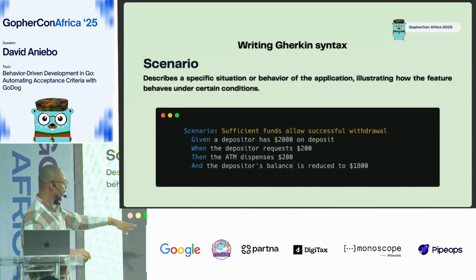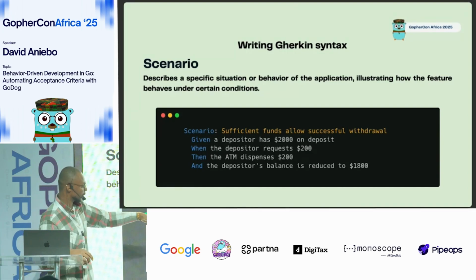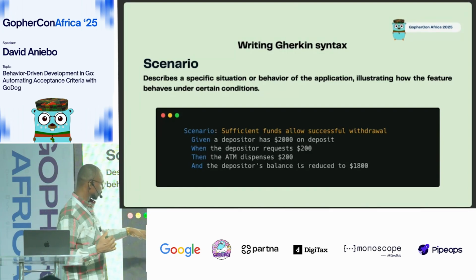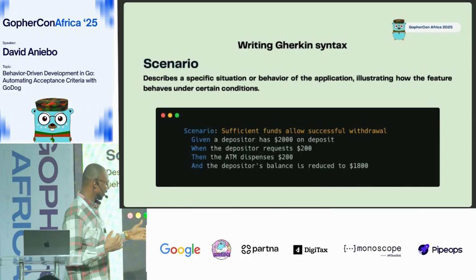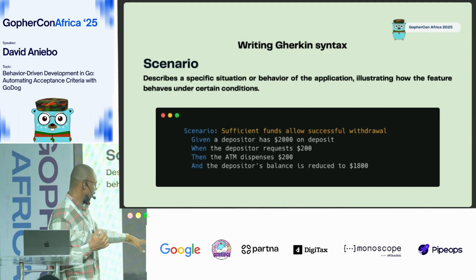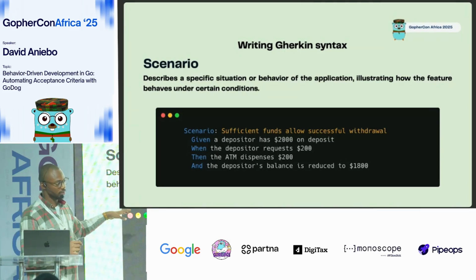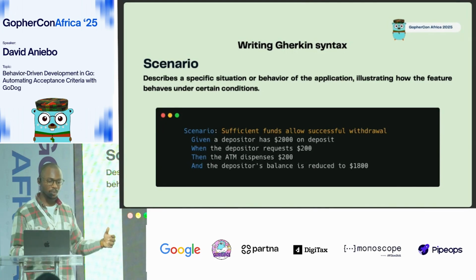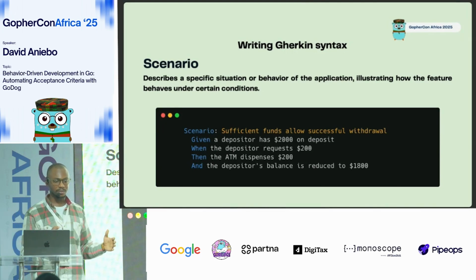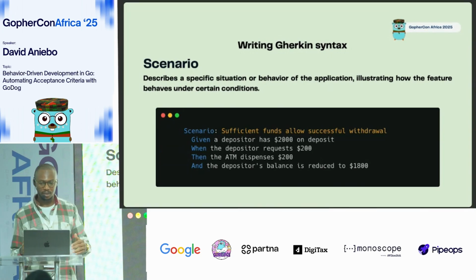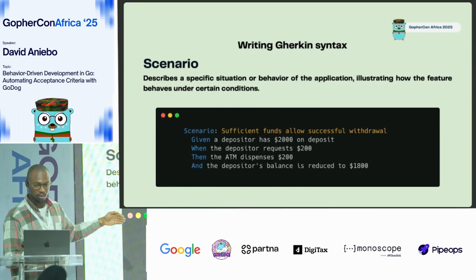So given the depositor has $2,000 on deposit, when the depositor requests $200, the ATM dispenses $200, then the depositor's balance is reduced to $1,800. We are checking the feature. It's not like when we are writing test cases and we click on the button in a normal UI flow. Here we are testing the feature. It doesn't have to be a front-end or back-end test, but here we have a proper validation of the feature.